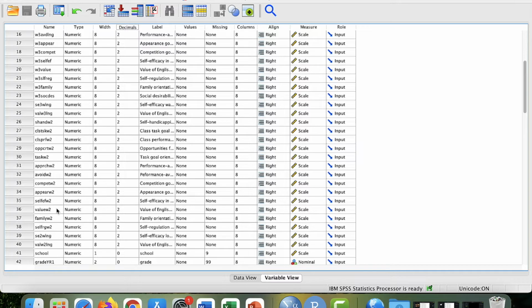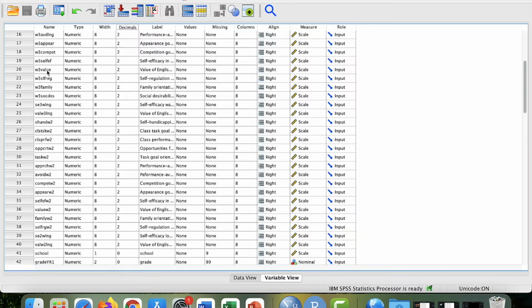So value is things like, I think the work is interesting, I think the work is important, what we learn in English class is going to be useful to me later, that kind of stuff. So I want to see if students value what they're learning in English more at the end of one year, so spring of one year, or at the beginning of the next year, which would be fall of the next year. So I have wave 2 value and wave 3 value.